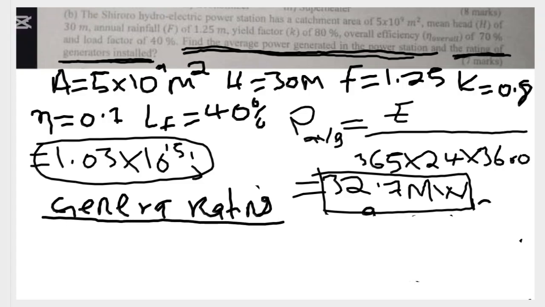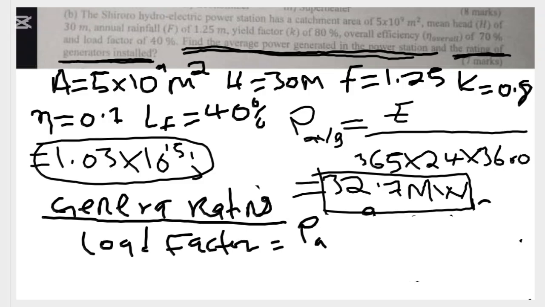The generator rating will now be found as follows. I first say the load factor. The load factor is the same thing as the average power divided by the rated power.